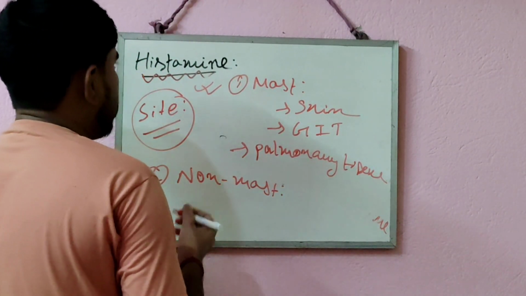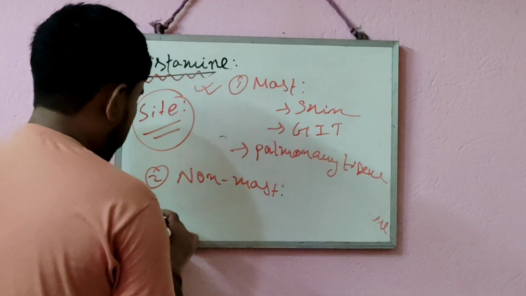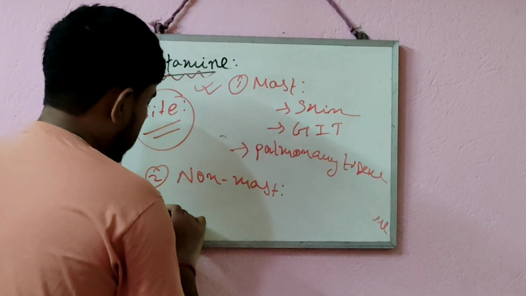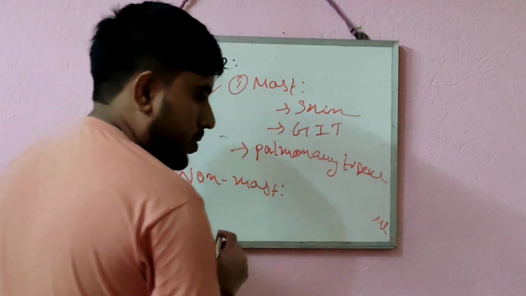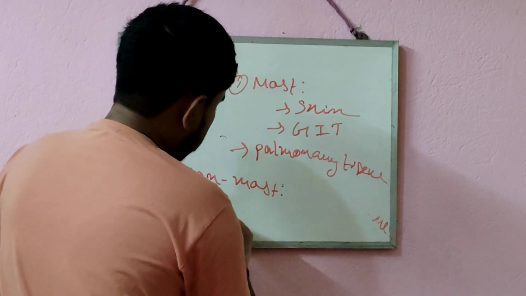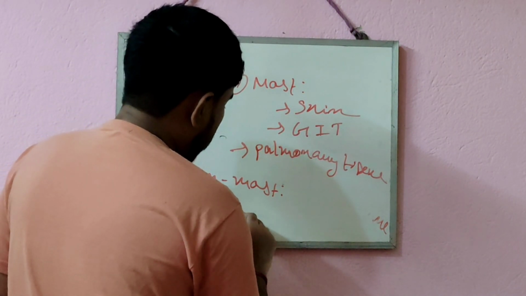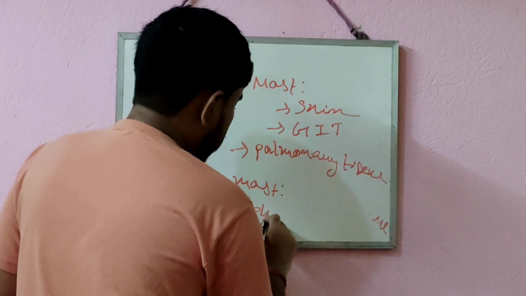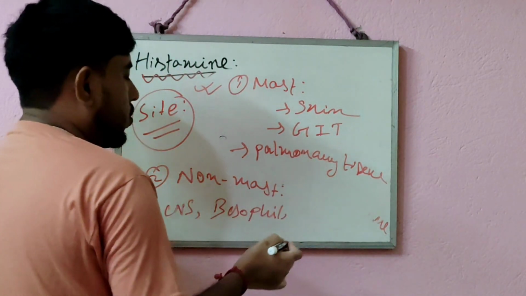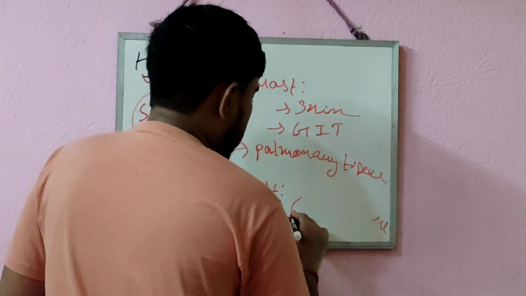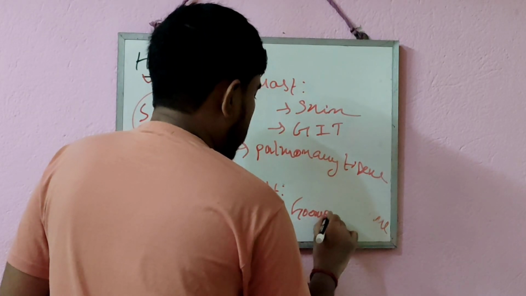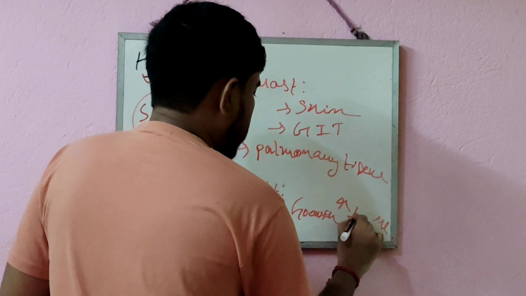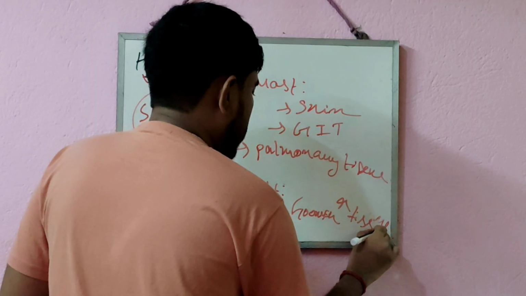Some non-mast cells from where histamine is generally secreted are the CNS, then it can also be generated from blood cells, that is basophils, and it can also be secreted from growth-activating tissues.